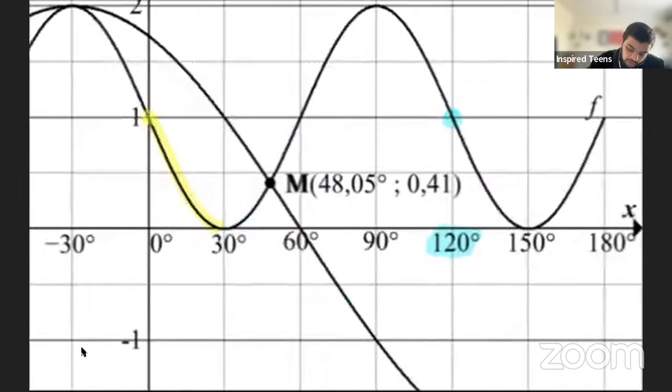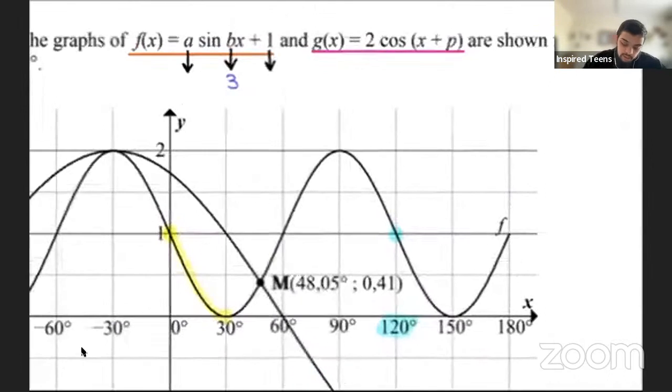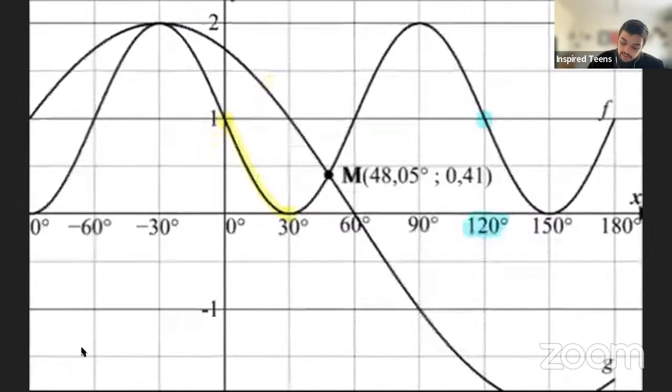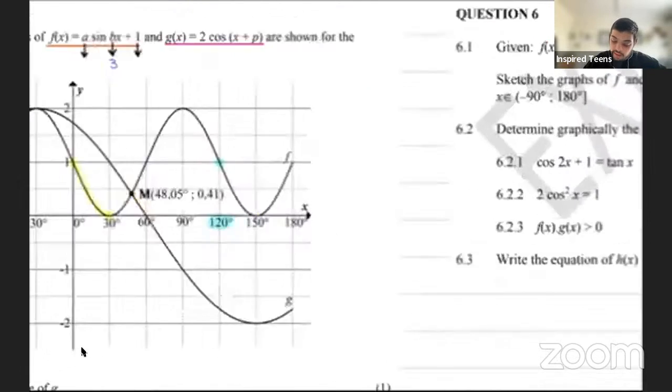Literally, that's all you need to determine what this graph has been compressed or expanded by, to determine the coefficient of the angle. You just need one step, because here we start off at 0 and we end at 30. So one step, from intercept to turning point on the mother graph.